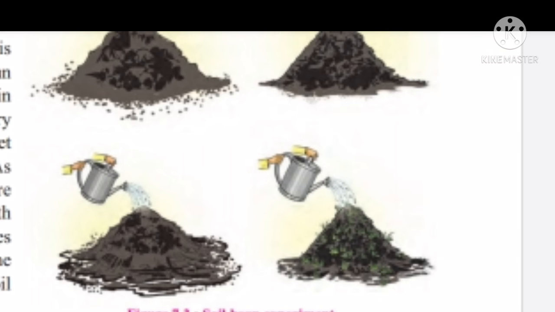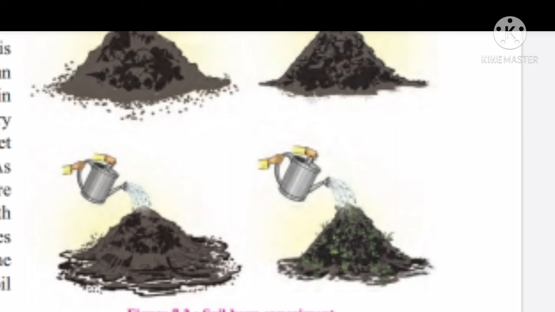Make 2 small heaps of soil as shown in this above figure. On one of them sow seeds which grow fast. Keep watering that heap for 4 to 5 days, and after that you will see small saplings, or you can see the germination of seed on the heap that you have sown seeds.